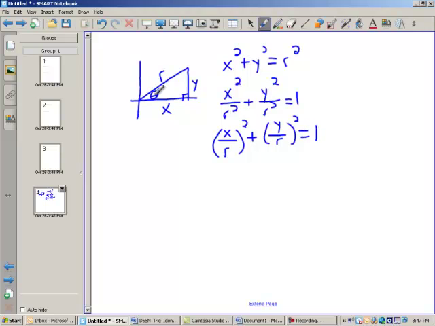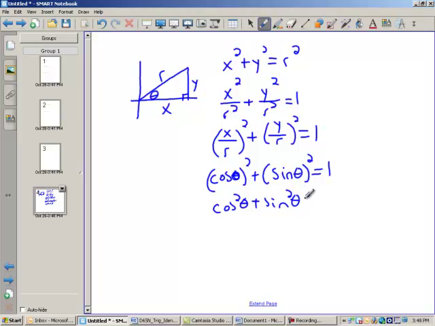And from this picture, I can replace x over r with a trigonometric function, and of course, that's the cosine of the angle theta. And then y over r I can replace with another trigonometric function, and that is sine of theta. And this is usually written as cosine squared theta plus sine squared theta is equal to 1.